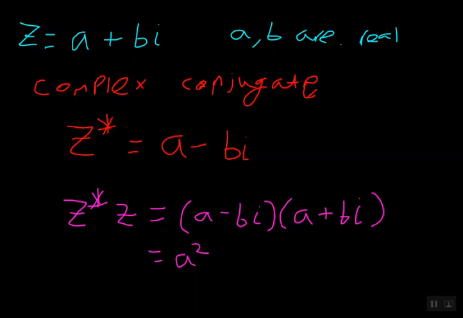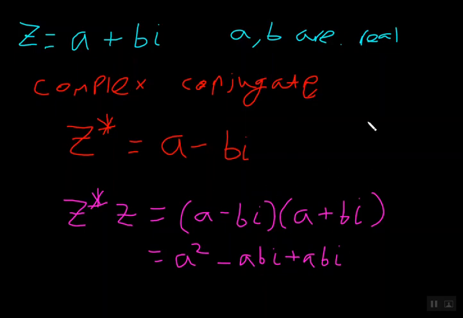If we just distribute this out, we get a squared, a times a, negative bi times a, and then a times bi. I know it's usually done in the other way, and I distributed it in a slightly weird order, but hopefully you can still follow this.